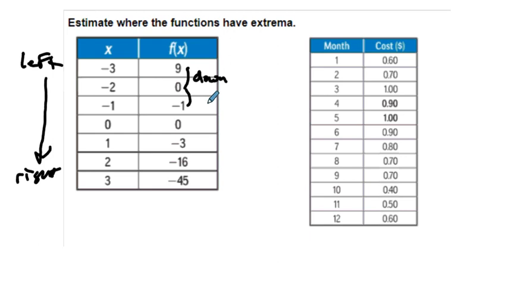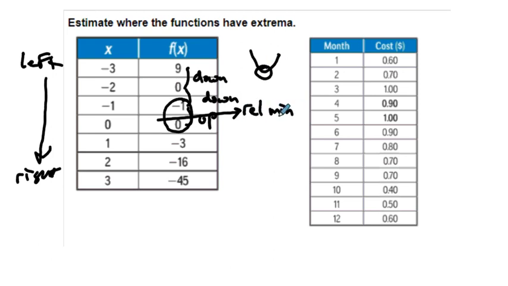Then from 0 to -1, it's also going down. But from -1 to 0, it's going up. So somewhere here, because it's going from down to up, you would have a relative minimum.